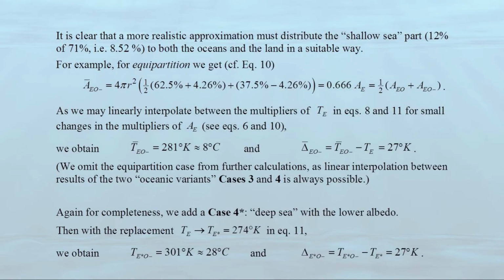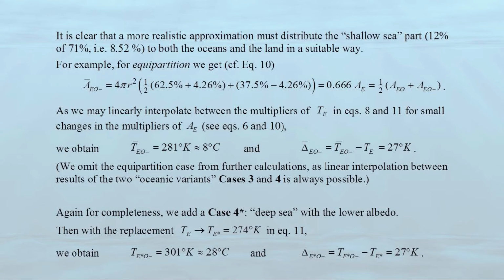It is clear that a more realistic approximation must distribute the shallow sea part, 12% of 71%, that is 8.52%, to both the oceans and the land in a suitable way. For example, for equipartition we get a factor of 0.666, which is just the middle between the foregoing results. As we may linearly interpolate between the multipliers of TE for small changes in the multipliers of the area, we obtain TEO- modified of 8 degrees Celsius and a difference of 27 degrees Kelvin.